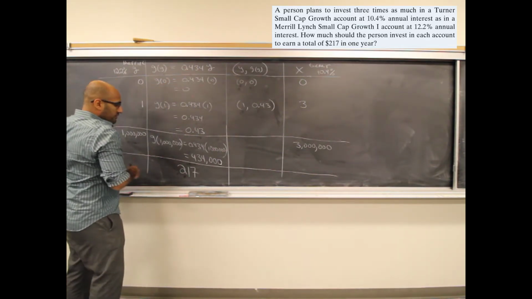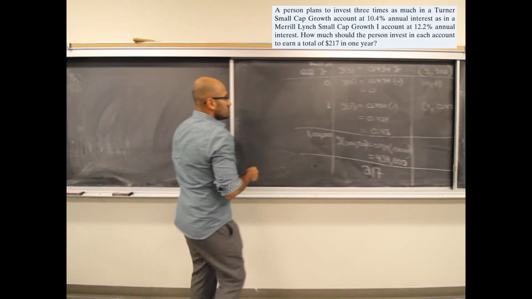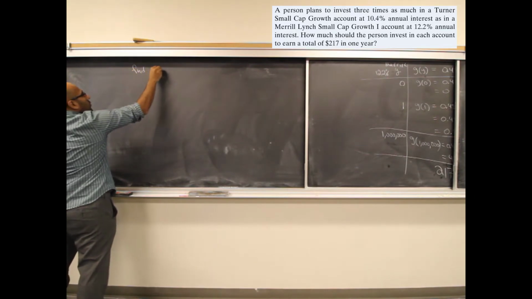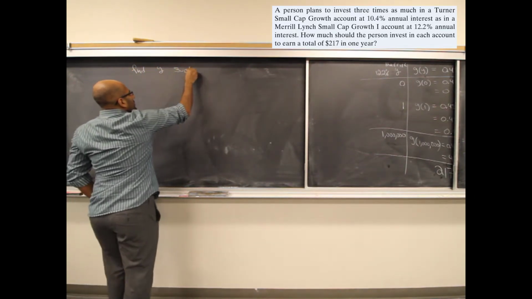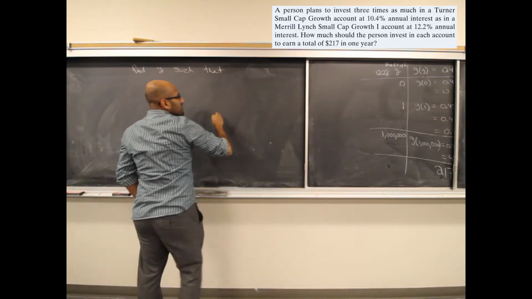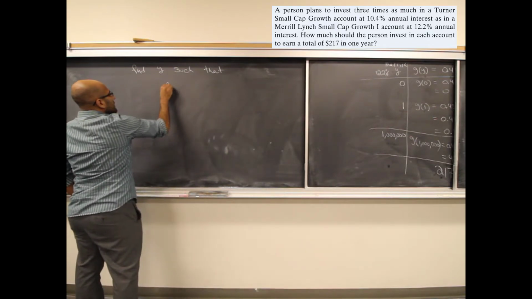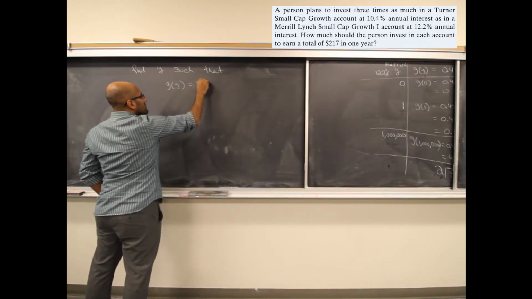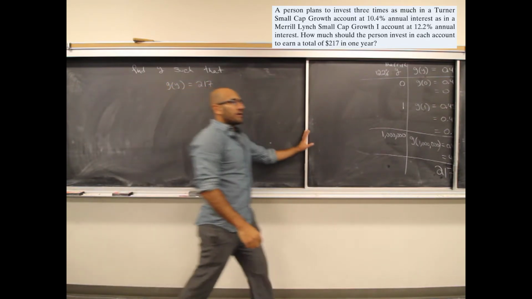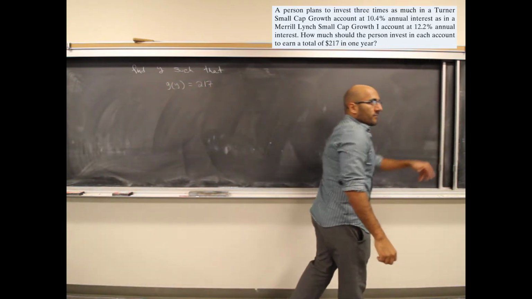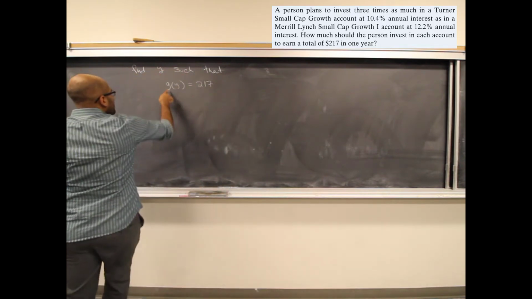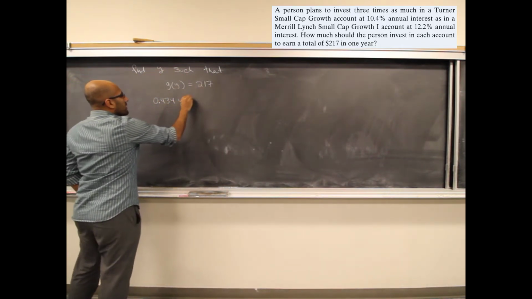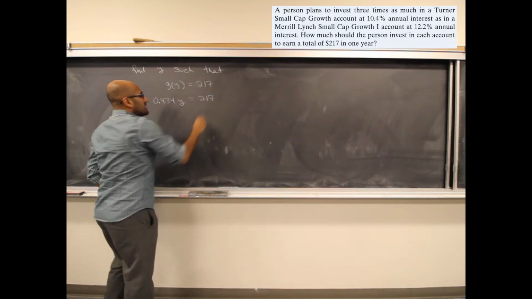Right, so let me put it over here. So I want to find y such that g of y equals $217. That's what we wanted. Okay. And g of y was 0.434y equals 217.